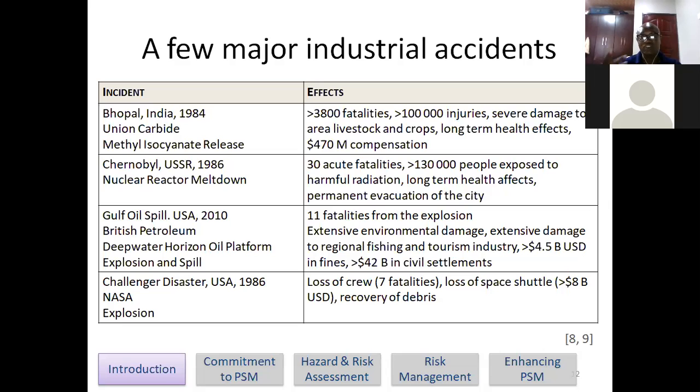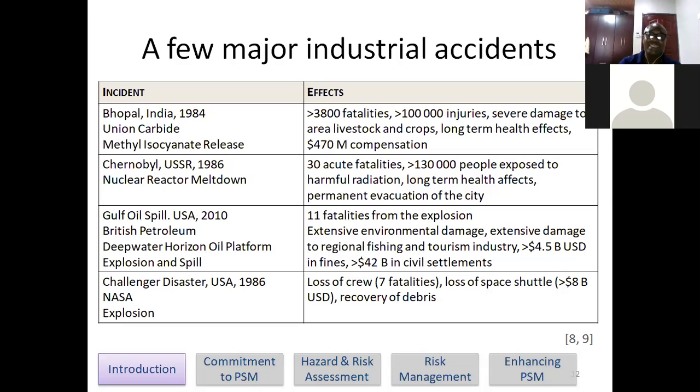Imagine the astronauts who are going, how would their families feel seeing their father, their husband burning in front of everybody? It was disastrous in 1986 when the plane exploded off the Gulf of Mexico.